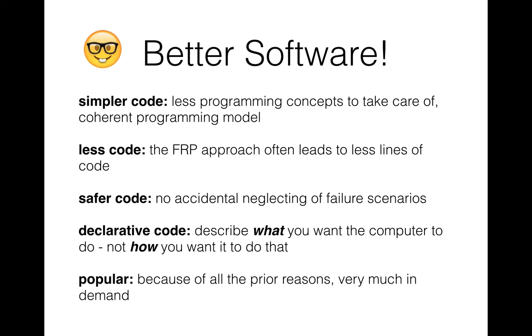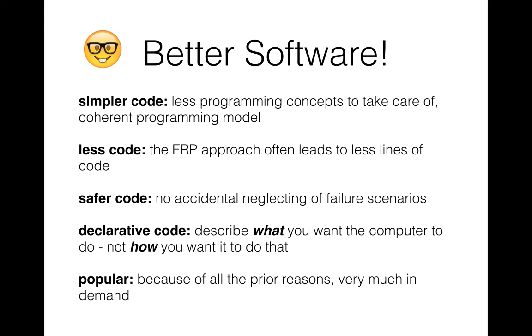And then last but not least, FRP is a very popular programming paradigm at the moment, and it's rising and rising, becoming more and more popular. You can see that in the web development world as well, for example, where the framework called React also follows a similar approach, uses functional reactive programming principles, and has become the de facto standard in web development.